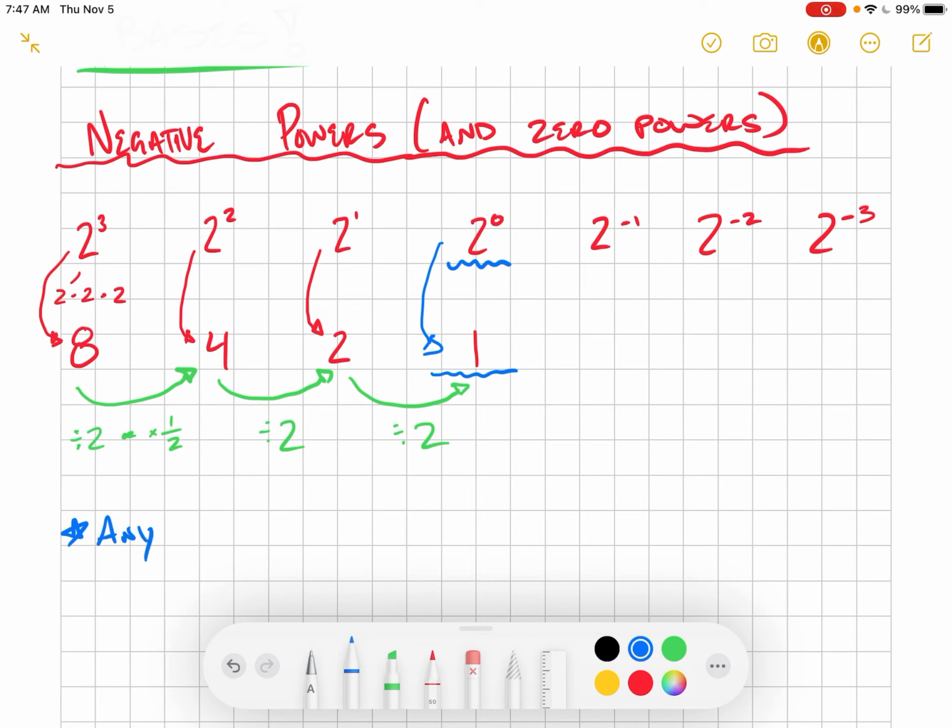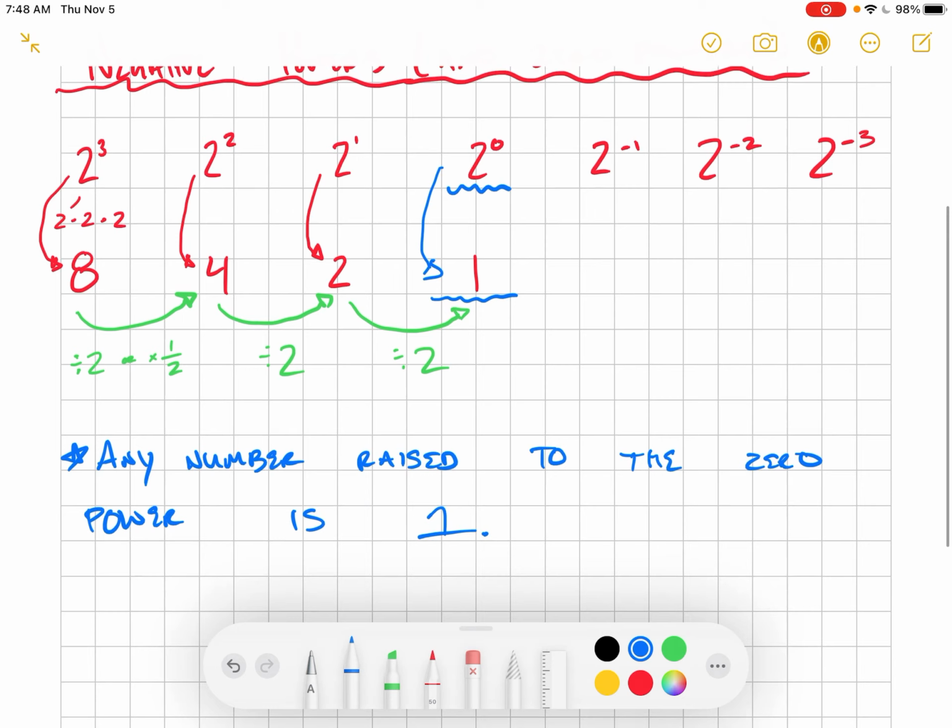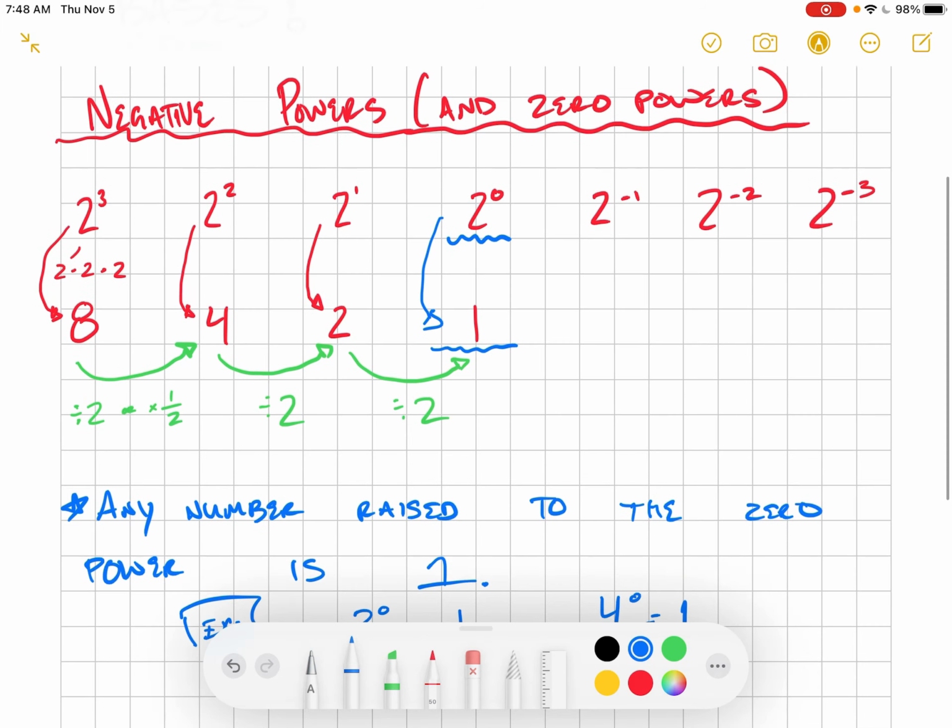Any number raised to the 0 power is 1. Okay, so another example. If we have 3 to the 0, it's 1. If we have 4 to the 0, it's 1. It will always be 1.